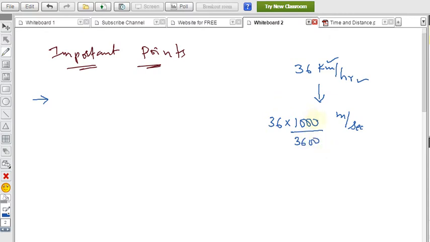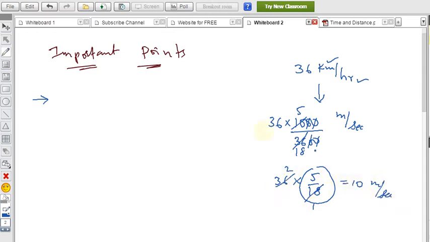If you simplify this, 2 zeros cancel, and 2 5s are 10, 18. So 36 into 5 by 18. The important thing is 5 by 18. If you multiply a number with 5 by 18, it converts into meters per second. Now if you cancel, that is 10 meters per second.